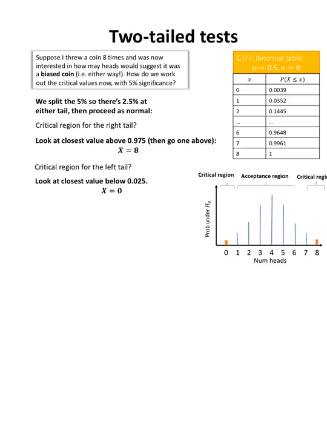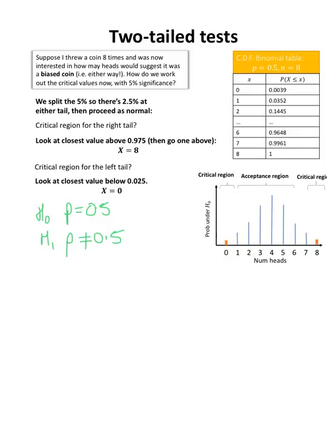So we've got our null hypothesis. Our null hypothesis would be that p is equal to 0.5, and our alternative hypothesis is that p is not equal to 0.5. Our coin is biased, so it could be biased either way.